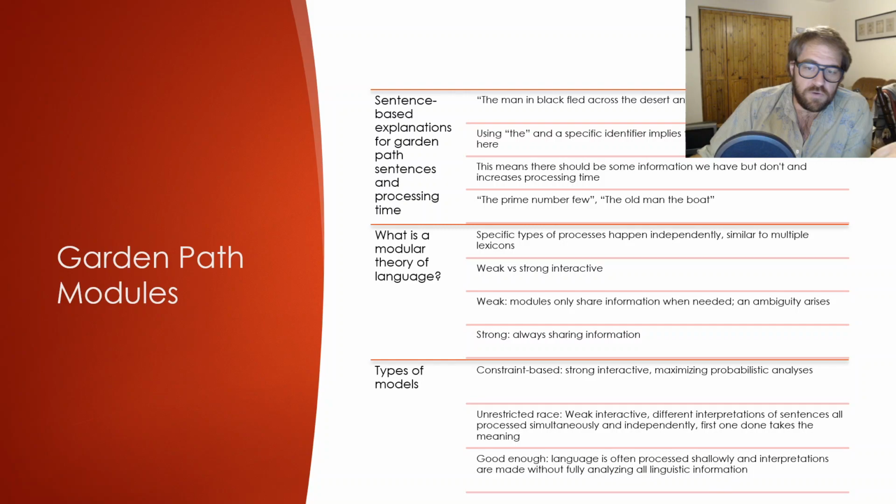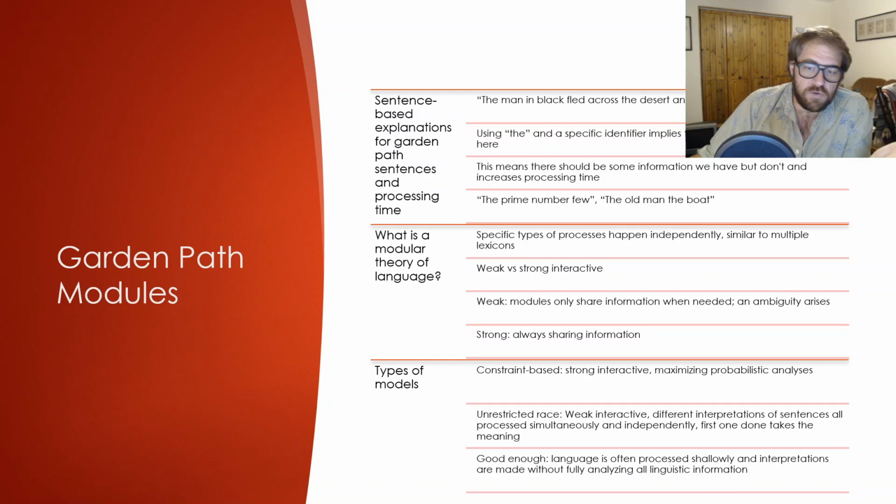There's something about prior information, that the phrasing here of the prime, the old, implies that there's previous information. This doesn't invalidate anything that we've talked about at the word level for garden path sentences. It's just another reason why some garden path sentences can take longer to process and can be confusing.